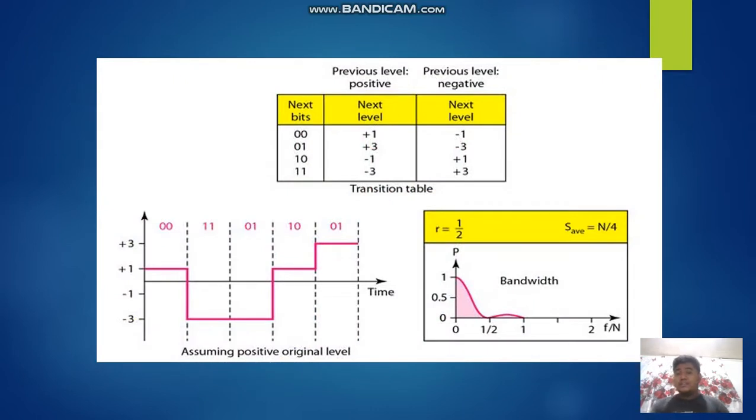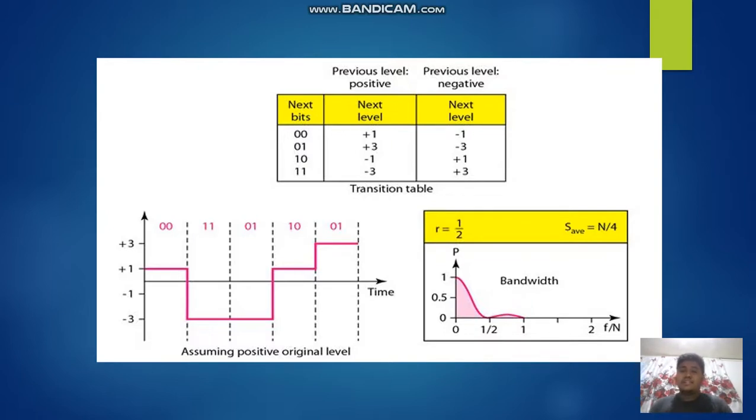So we have here the tables for the next bits: 00, 01, 10, and 11. For previous level positive, the value for 01 is positive 3, for 00 positive 1, for 10 negative 1, and for 11 negative 3. Note that these are the voltages.